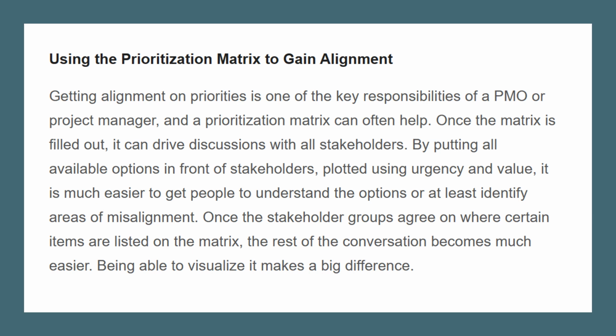Using the prioritization matrix to gain alignment. Getting alignment on priorities is one of the key responsibilities of a PMO or project manager, and a prioritization matrix can often help. Once the matrix is filled out, it can drive discussion with all stakeholders.